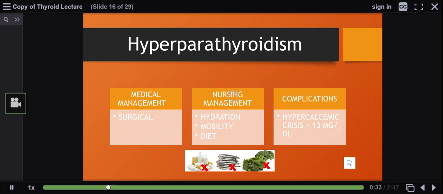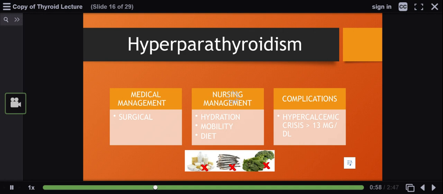As far as the nursing management, we want to educate the client on the importance of staying hydrated. And oftentimes, these patients are encouraged to have up to 2,000 milliliters a day due to their high risk of developing renal calculi. So it will help the formation of these kidney stones.